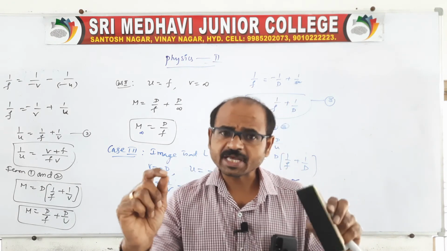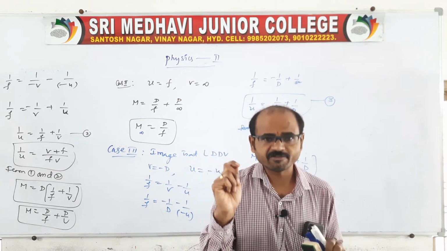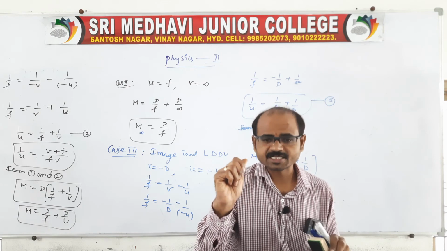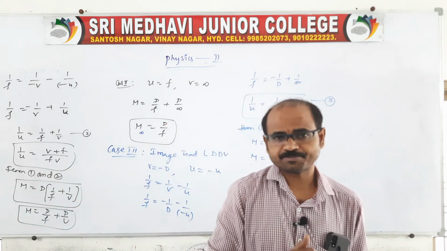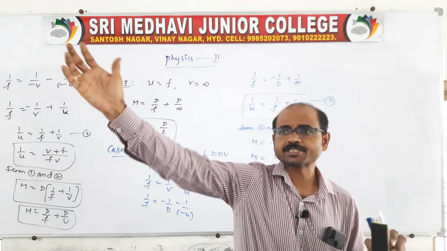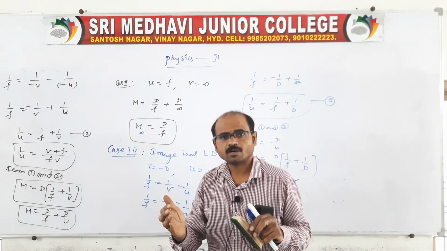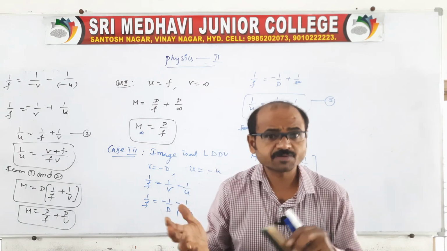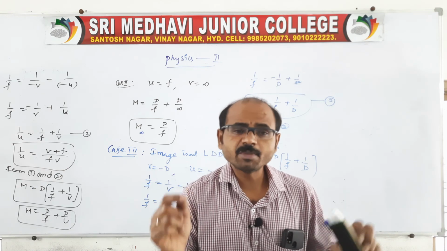Here also we can adjust using a rack and pin arrangement. By adjusting the pin, we can change the object position. Suppose the object is at an infinite distance, or between the focus point and optic center, we can adjust using that pin so that the image will be formed at different positions.